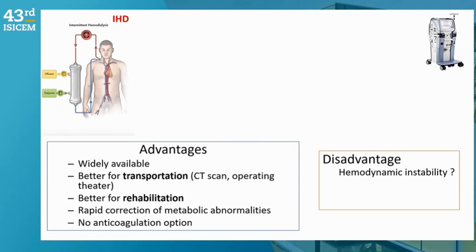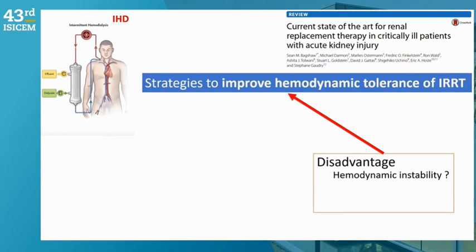But is there anybody who can define hemodynamic instability? What is it exactly? Every morning I hear the handoff, they say the patient is unstable. What is it? Me, I don't know. Okay, hemodynamic tolerance, we'll say.